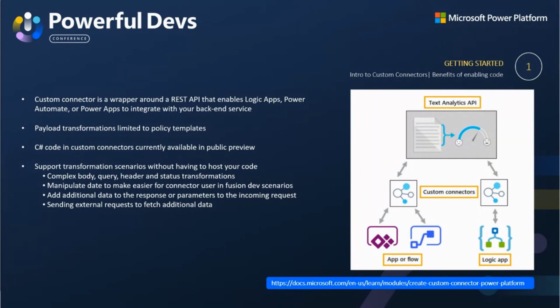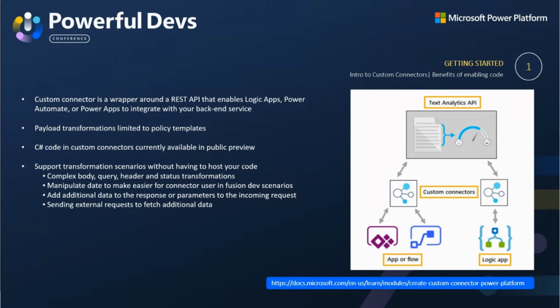If you don't have something that's already wrapped up and available for you, then you can create one that can talk to your backend service, be it a legacy system or an API layer, and then you make them available, and that can expose triggers and actions that can be consumed by your users that are building solutions on the platform.